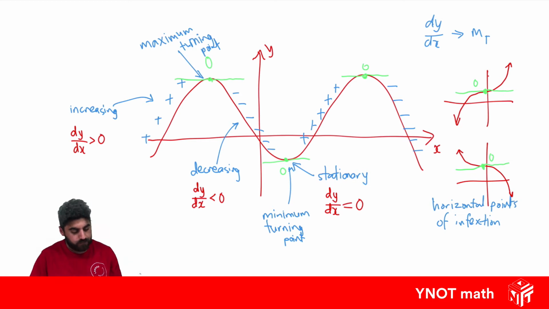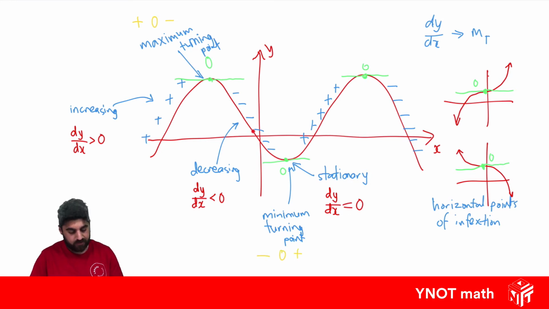Now, what's the difference between all of these turning points? The difference is what's happening on either side of those turning points. On the maximum turning point, you can see that we have positive gradients, then a 0 gradient, then a negative gradient. A minimum turning point has a negative gradient, then a zero gradient, then a positive gradient.